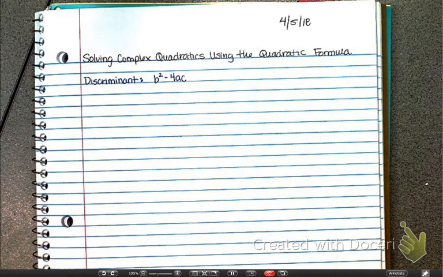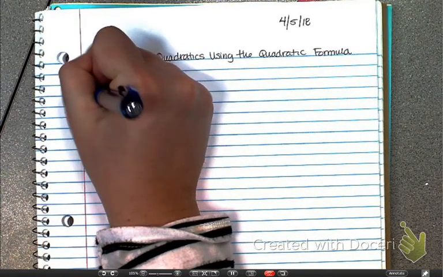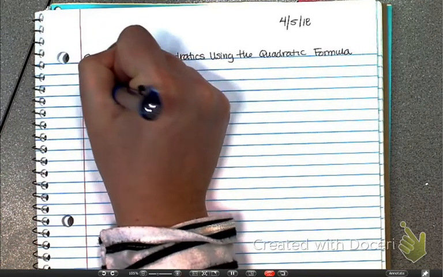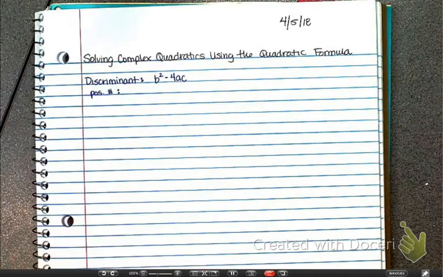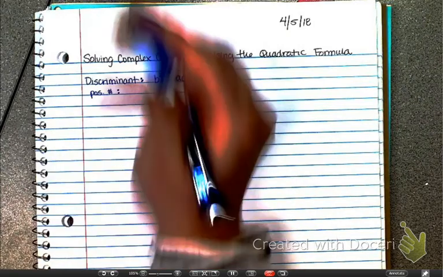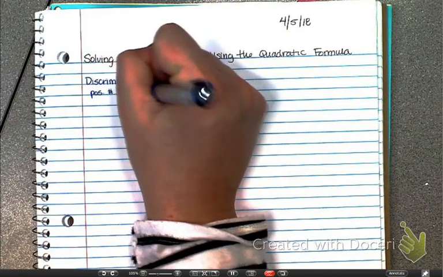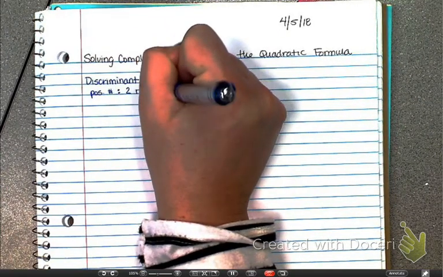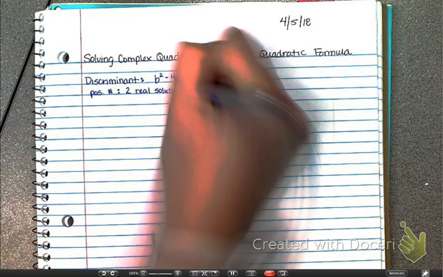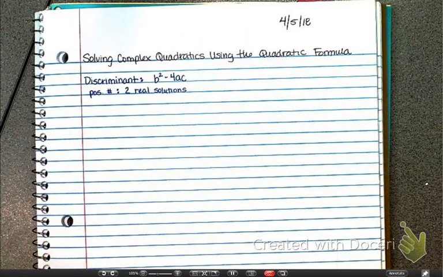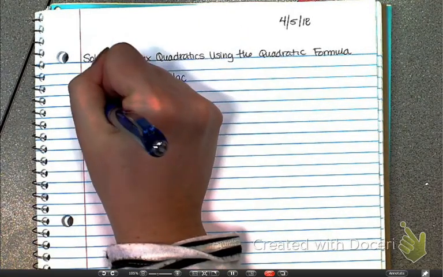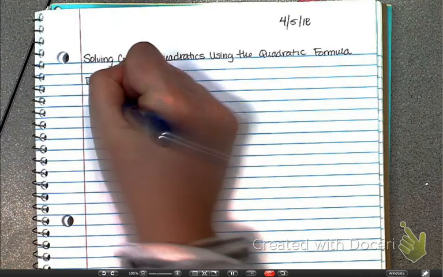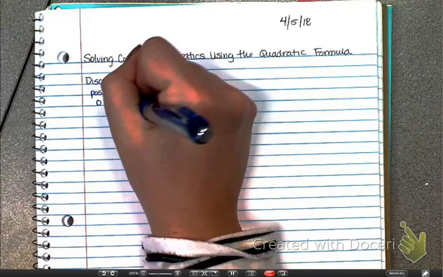And in the last unit, we talked about what happens based on what the discriminant is, right? So if we had a positive number, what did that tell us? If our discriminant was a positive number? 2 real solutions. What happened if our discriminant was 0? 1 real solution.